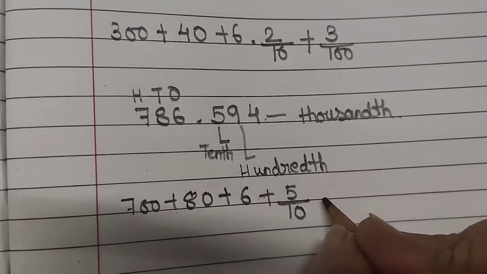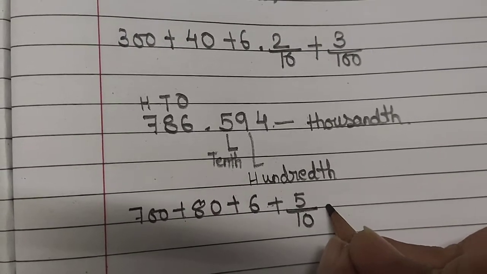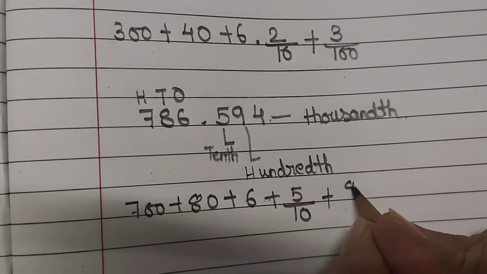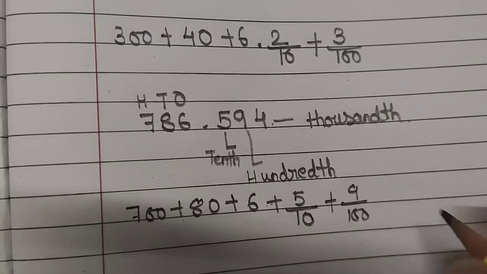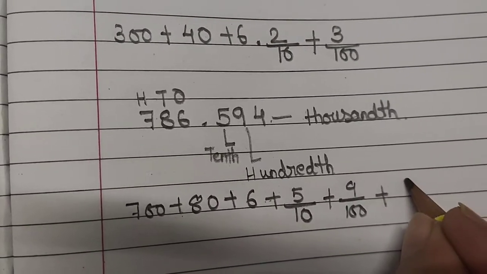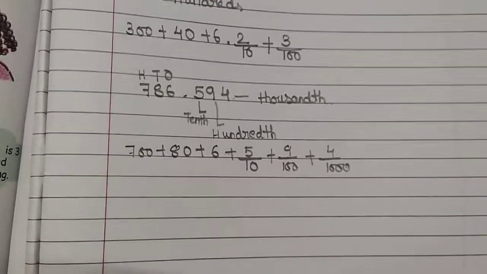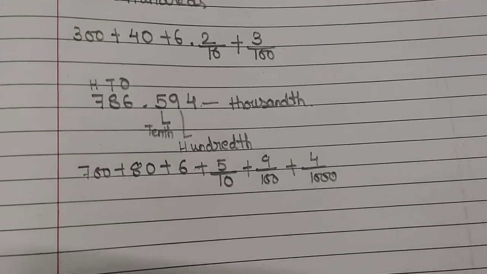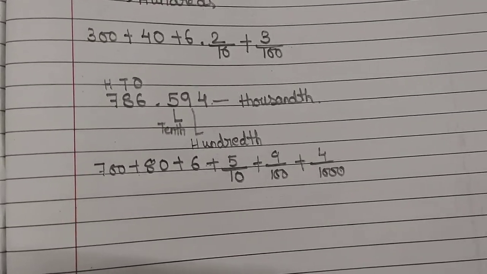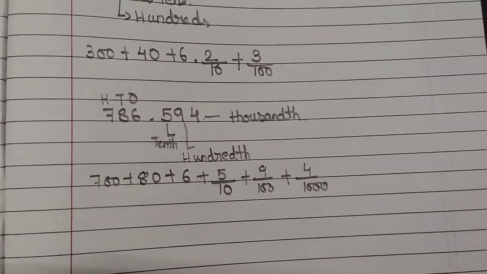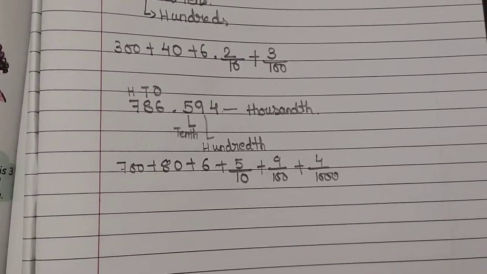If 5 is from the 10th part, then 9 is from the 100th part and 4 is from the 1000th part, isn't it? So now the number which we can tell is 786.594. Okay students, it is 594 after the point.